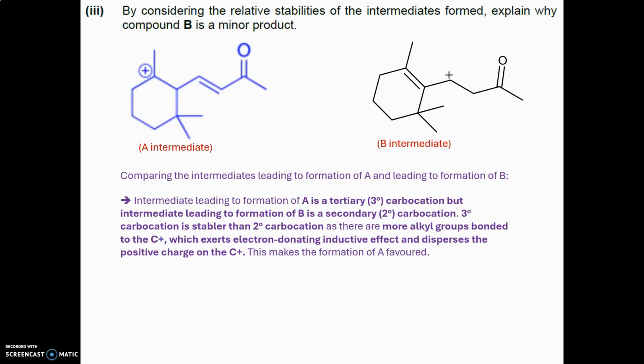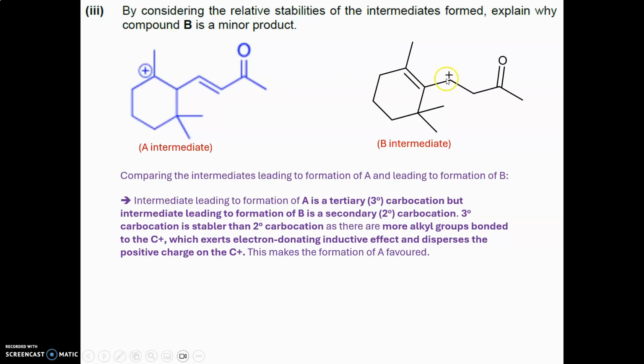The more alkyl groups attached to the C+, the more the dispersion of the positive charge on the carbon atom, and this increases the stability of the carbocation such that it favors the formation of this intermediate. So that is the first factor: you talk about stability of carbocations in terms of the electron donating inductive effect.